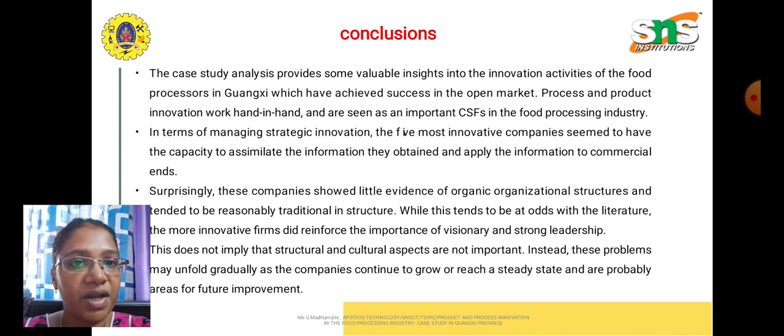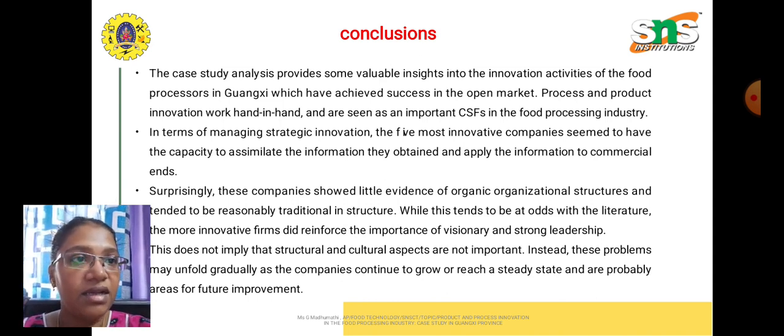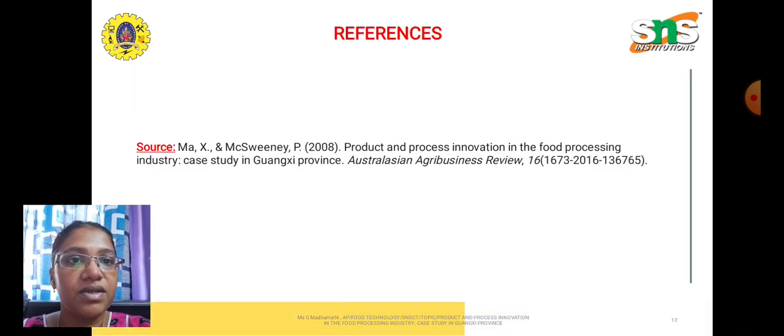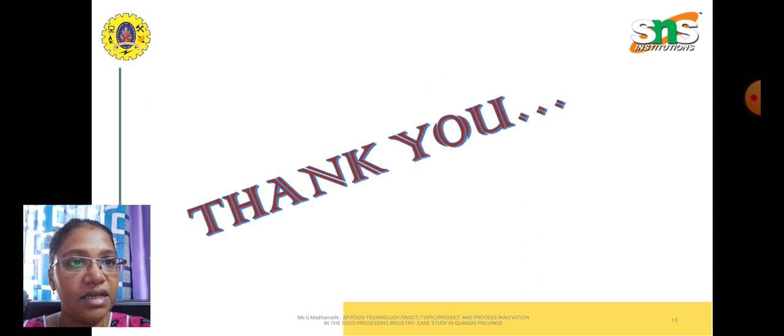Surprisingly, these companies showed little evidence of organic organizational structure, and this does not imply that structural and cultural aspects are not important. Instead, these problems may unfold gradually as the companies grow or reach a steady state, and are probably areas for future improvement. So this is my reference for this case study.